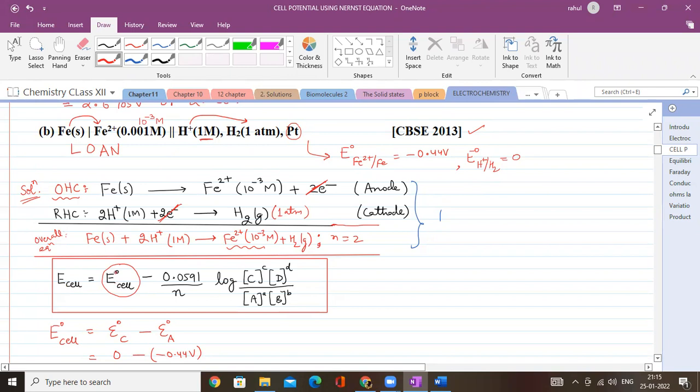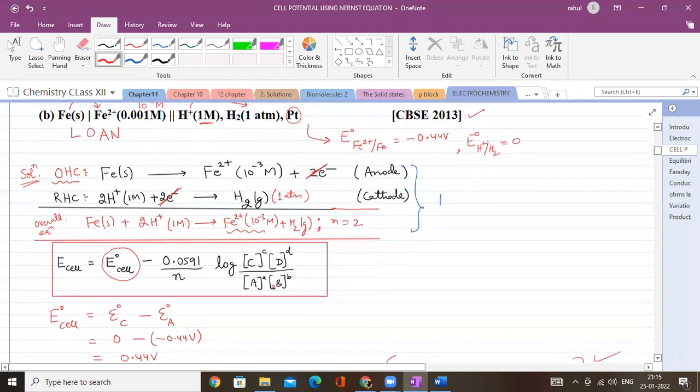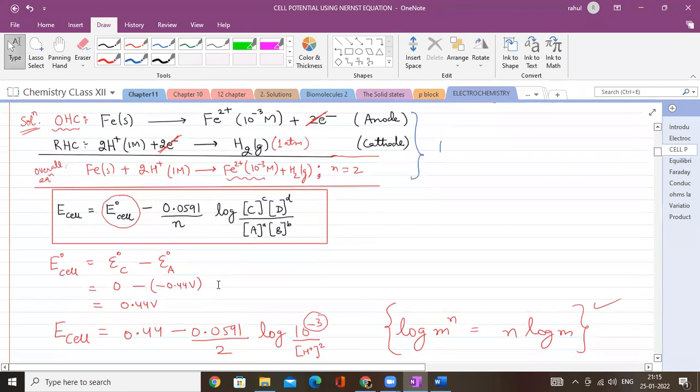Now E of the cell is E naught of the cell minus 0.0591 by n log, again the formula written. I always suggest to calculate E naught of the cell separately: E naught of cathode minus E naught of anode. Cathode has hydrogen, minus (-0.44) for iron. So it comes out to be 0.44 volt.